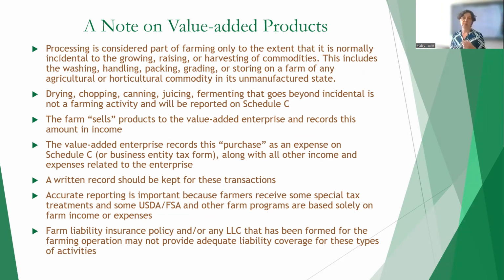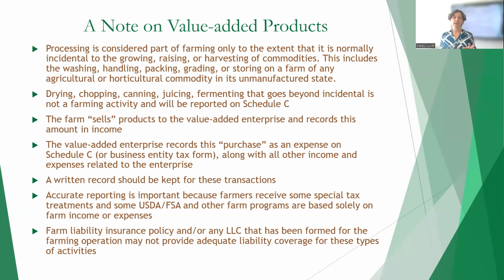You pick the green beans and put them in a bag and sell them. You grow the fryer on pasture and you do on-farm processing and sell the frozen bird. That is all just preparing it for sale. That's all farm income. That's all reported on the Schedule F.